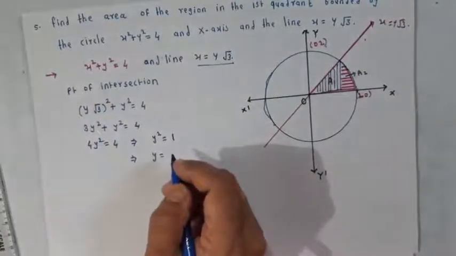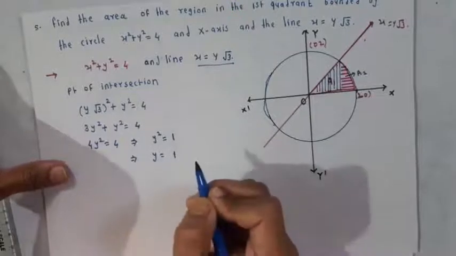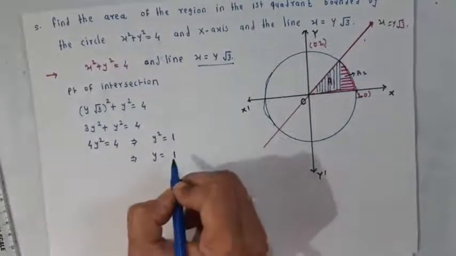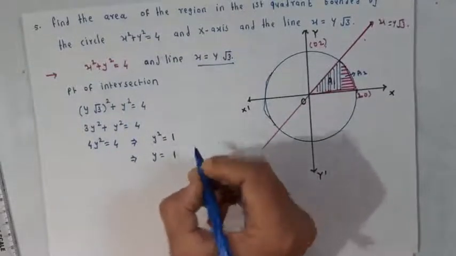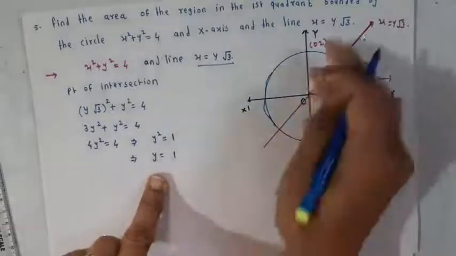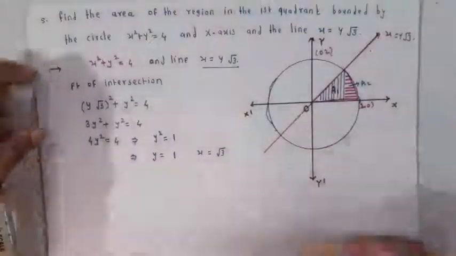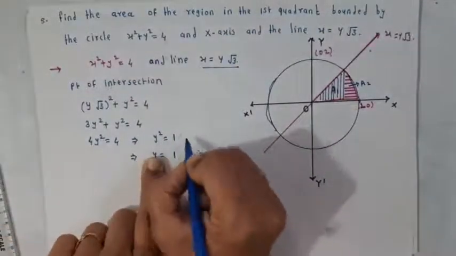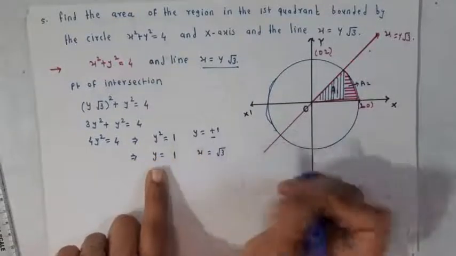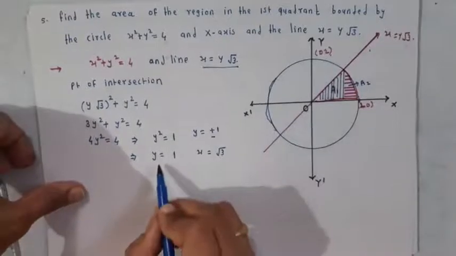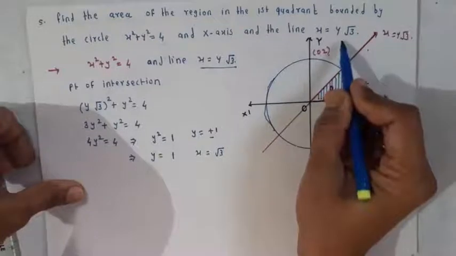So y equal to plus 1 and y equal to minus 1. When y equal to plus 1, x equal to root 3, as x equal to y root 3.